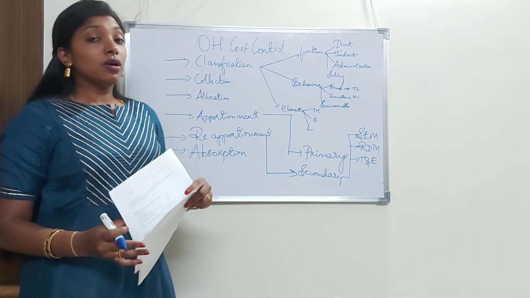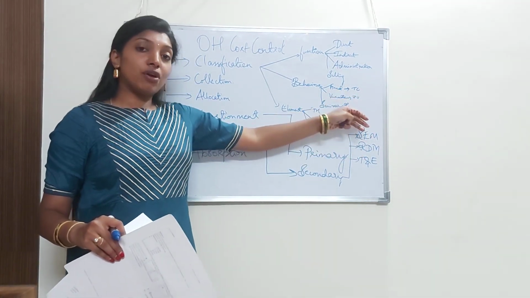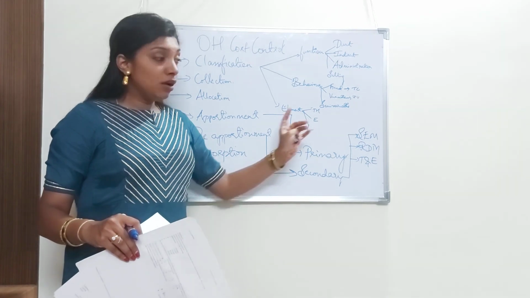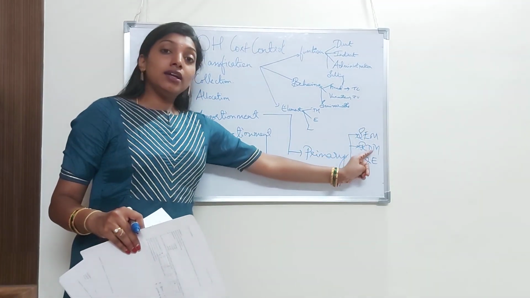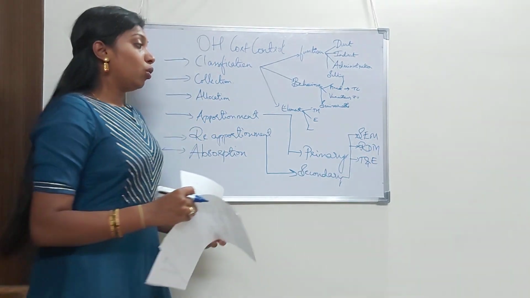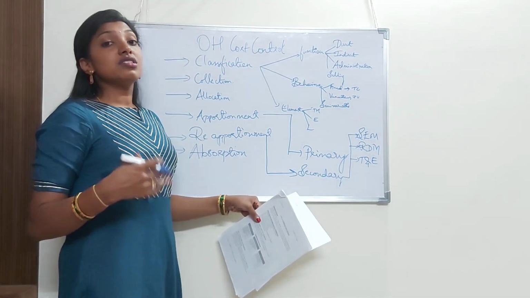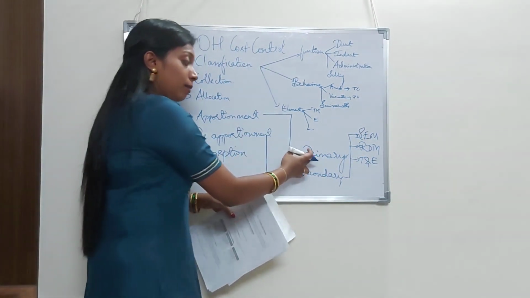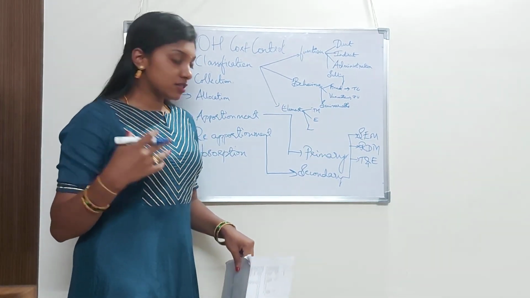So I repeat, under secondary distribution, we would be dealing with 3 different methods of apportionment: simultaneous equation method, repeated distribution method, trial and error method. All these methods can be expected for your section C, and primary distribution can be expected for both section B as well as section C.